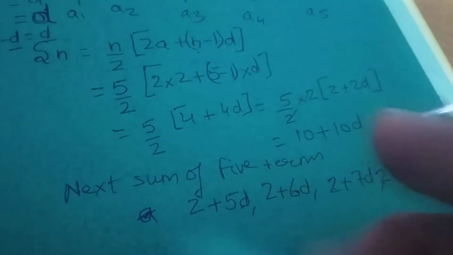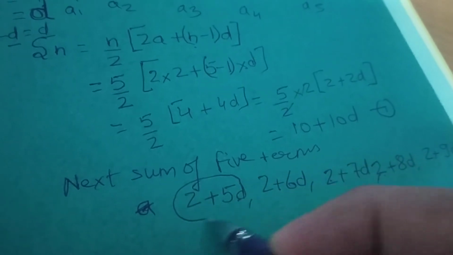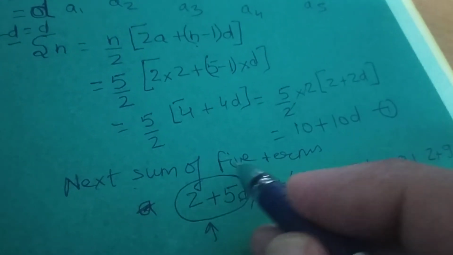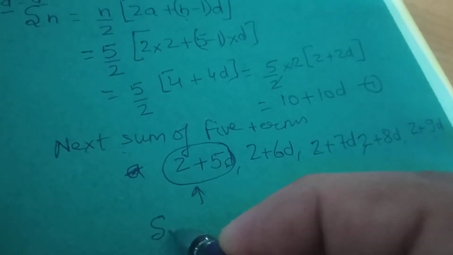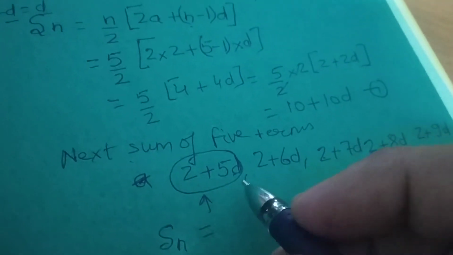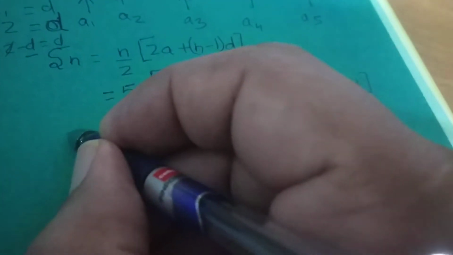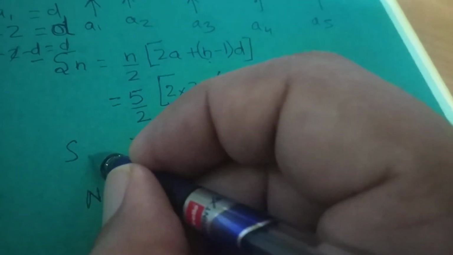So this is the series, and the first term will be 2 plus 5d for this series. This is the sum of the next 5 terms.